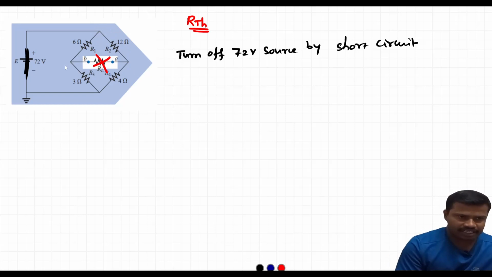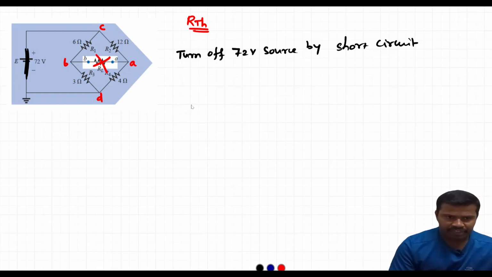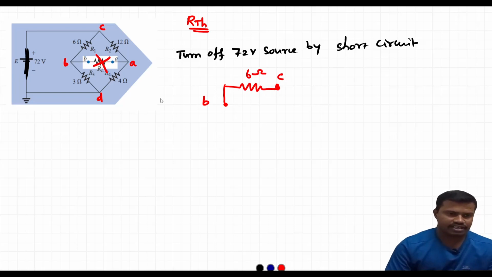The B terminal we will mark here. This is B, this is A, this is C and this is D. This is for reference only. Between B and C there is a 6 ohm resistor, so we will draw it as it is. This is terminal B, this is C. Between B and D there is a 3 ohm resistor.